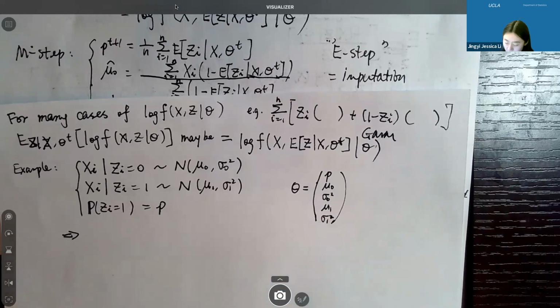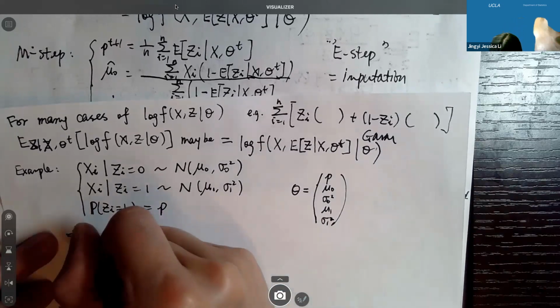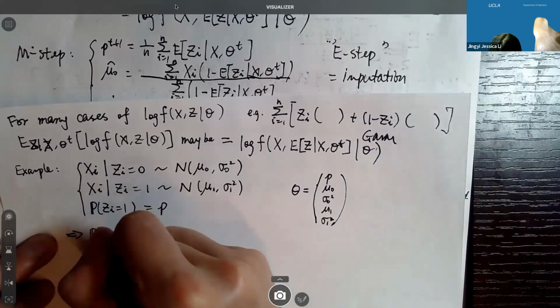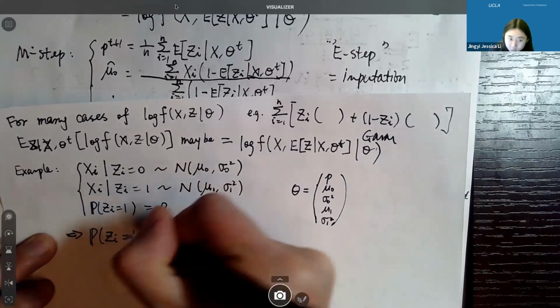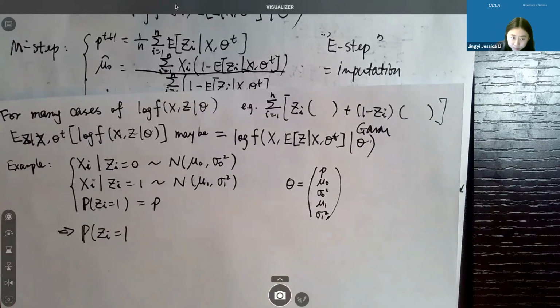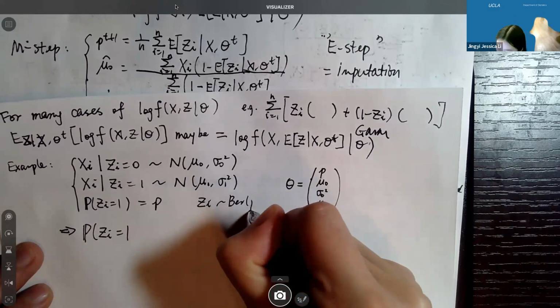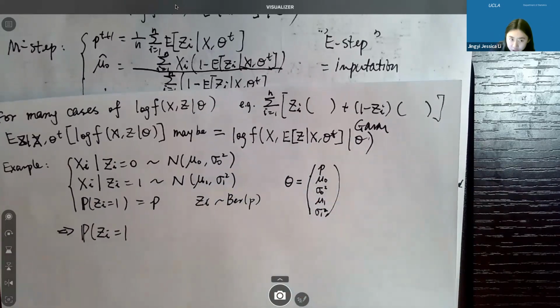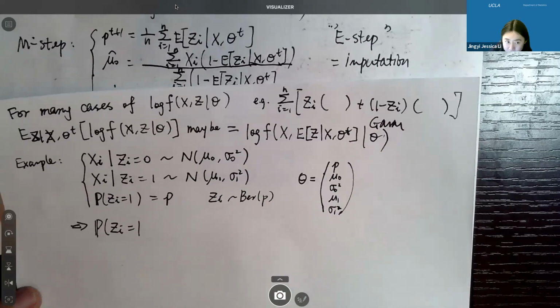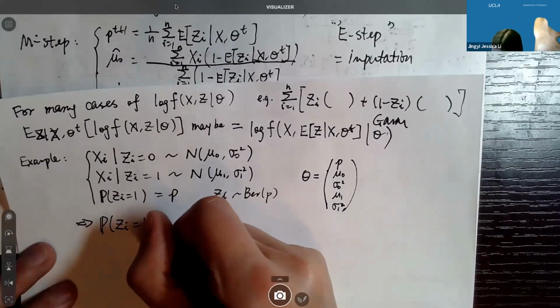So from this model, what I can write about for this conditional distribution of Zi taking value 1, since Zi only takes 2 values, it's a Bernoulli random variable with probability P. So the conditional probability that Zi takes value 1 given Xi and theta.